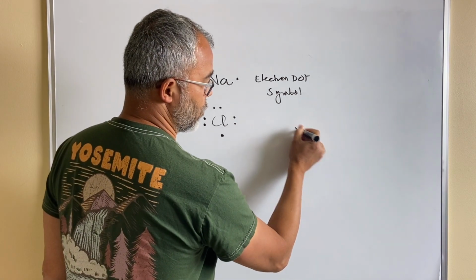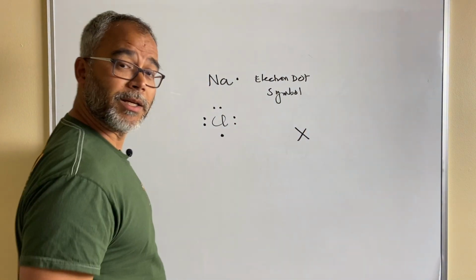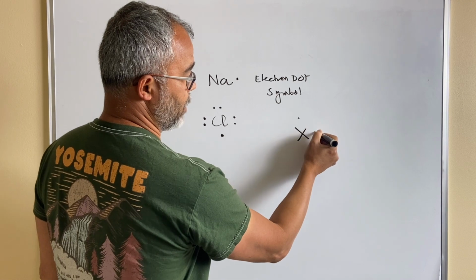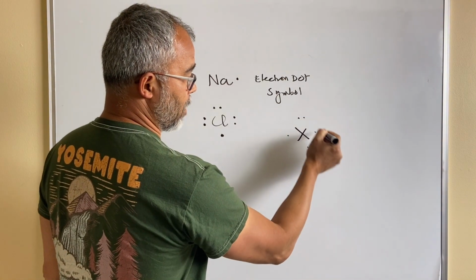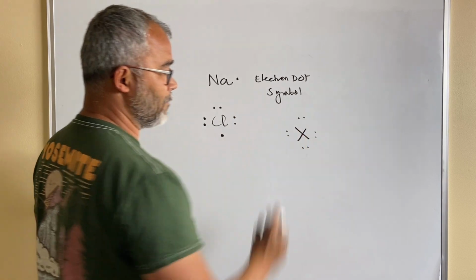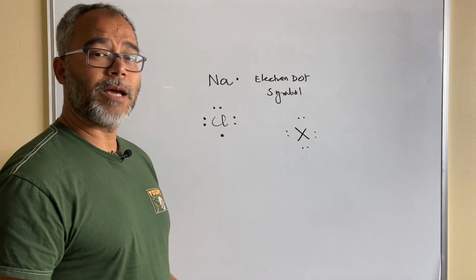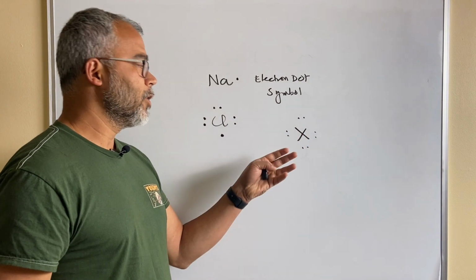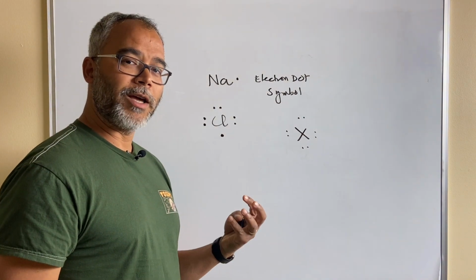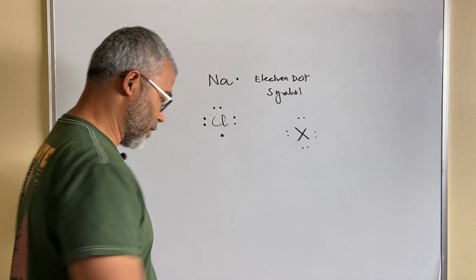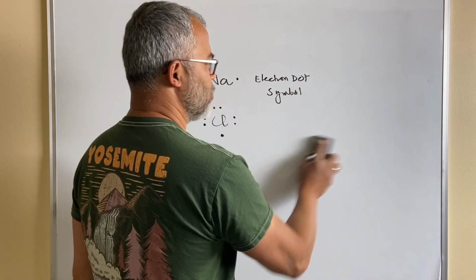You can simply say the element symbol is X, start putting the dots one on each side, and then start pairing them up. After doing this a few times, you will realize that certain elements have certain ways of drawing them and other elements have other ways. We'll not worry too much about that.